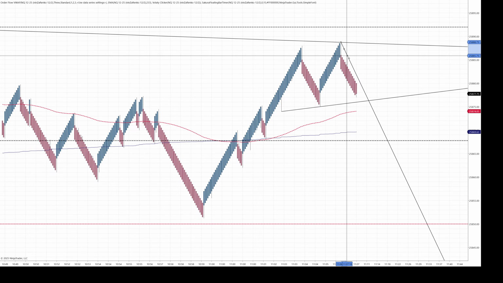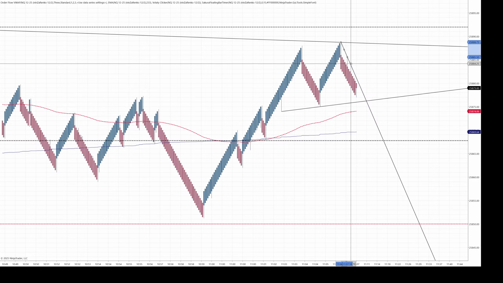Yeah, so now we have this trend line, which stinks.